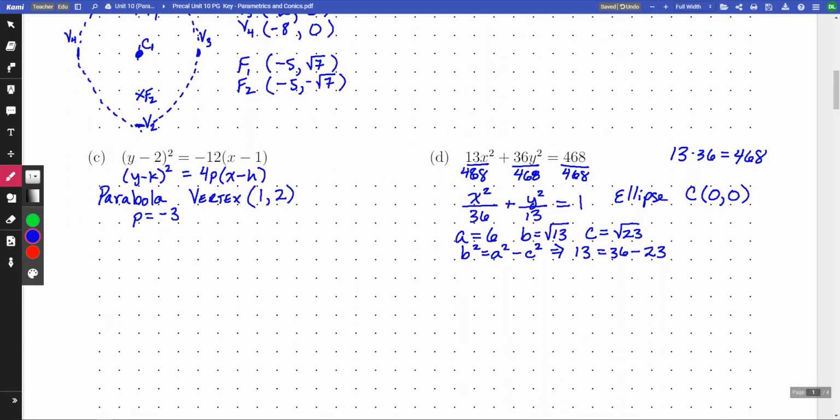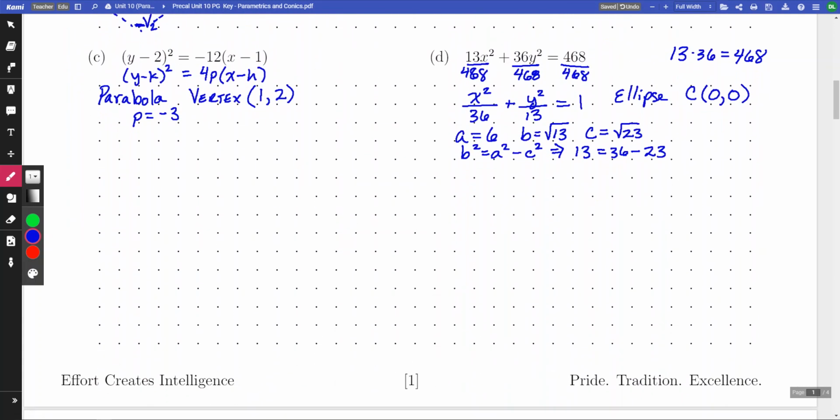If I look at D, which is also an ellipse, I have a center of 0. So for my ellipse at the origin, here is my origin, and I'm going to say that's C1, my center.